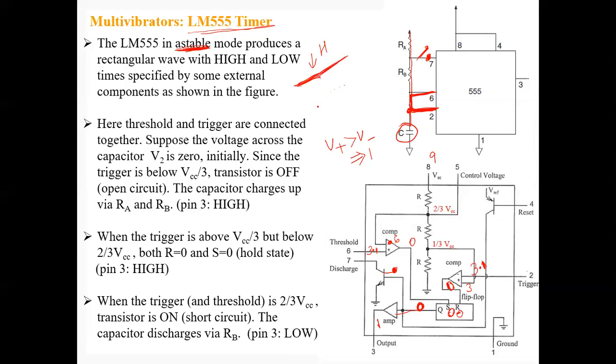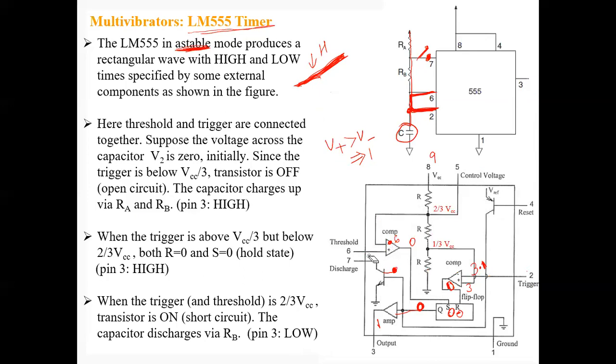high up to 6 volt. Until this guy reaches 6 volt, your output is high. Now what happens when it reaches 6 volt, or greater than 6 volt?